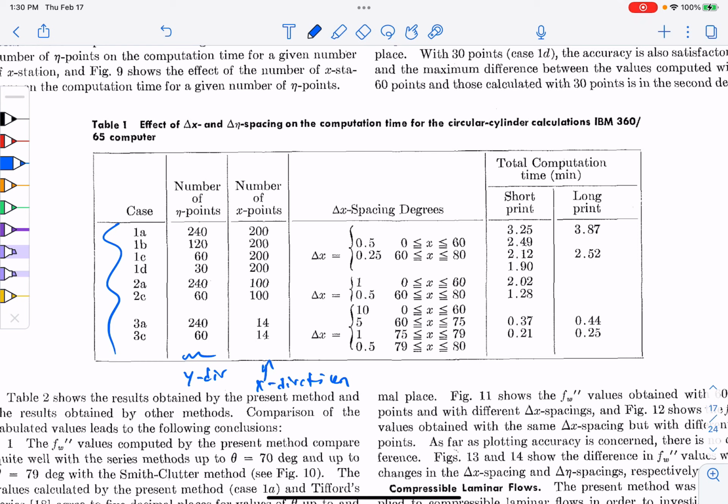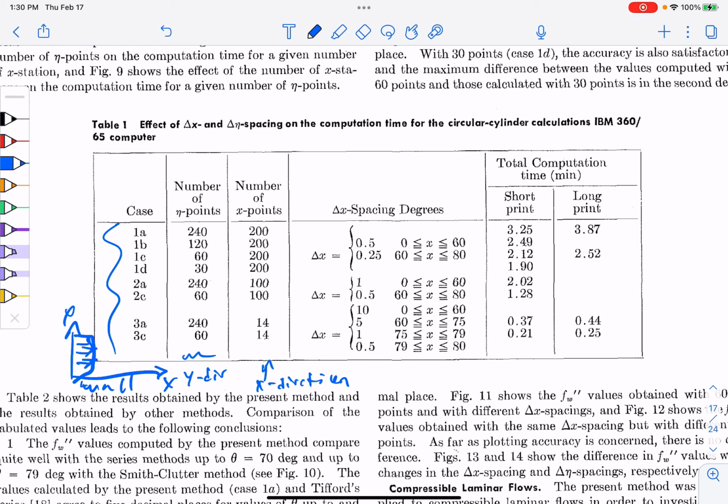And you can see a grid might be the total number of grid points. You would just multiply through 240 times 200, or 120 times 200, and that's the number of grid points in the grid. This is the wall, and this is x, y, and there's your boundary layer profile. So this is really his discretization.